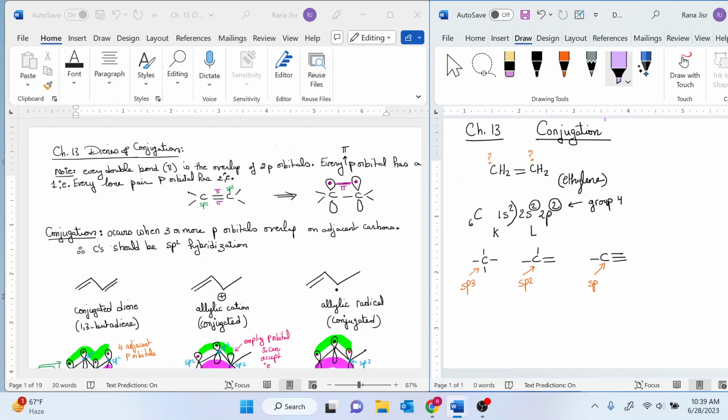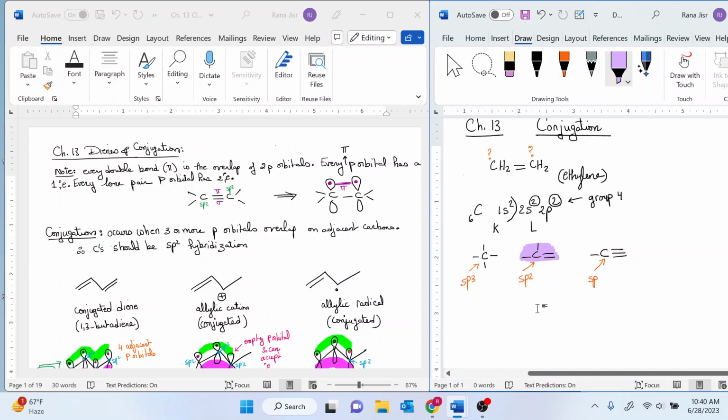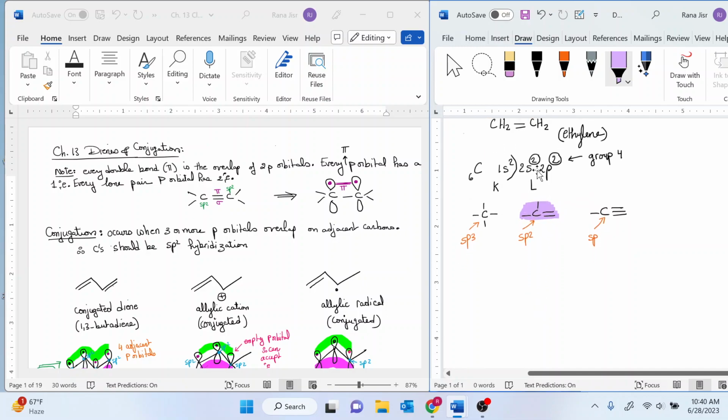For this chapter, we're going to limit conjugation to systems with double bonds. So systems with alkenes only and not alkynes. So let's go ahead and determine how many p orbitals we have for an alkene system. We said over here that the outermost level is not completely filled, and this is the one that we're going to use in order to bond the carbon with adjacent atoms.